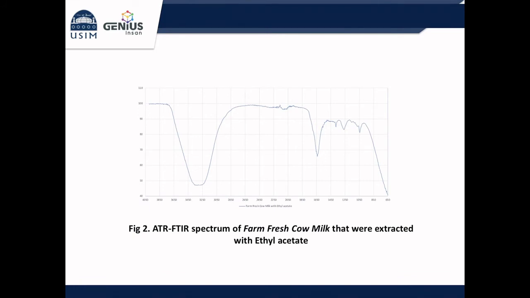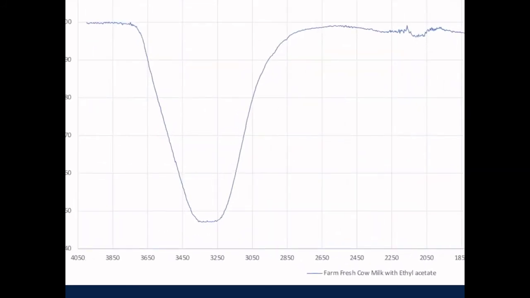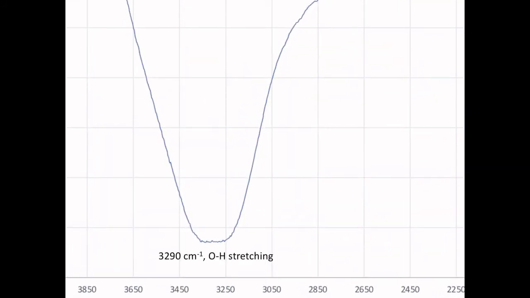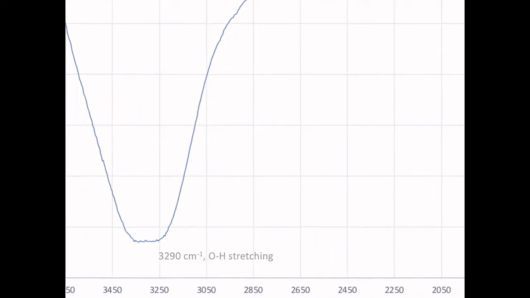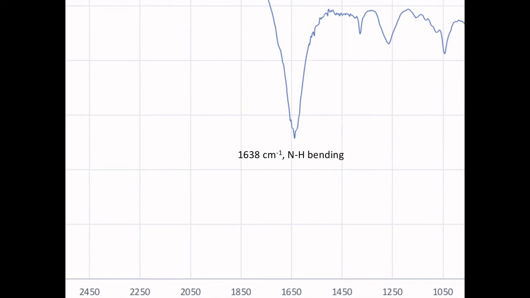Figure 2 shows an ATR-FTIR spectrum of farm-fresh cow milk samples that were extracted with ethyl acetate. The transmission measurement at the first peak is attributed to phenols due to its OH stretching bond. For the second peak, the transmission measurement is attributed to amide due to its NH bending.